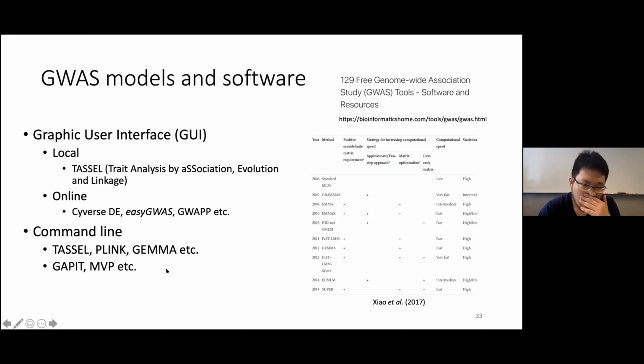Also, in the GitHub repo I uploaded, there are scripts for using TASSEL and GAPIT to conduct genome-wide association studies with the command line. You're also welcome to try that in the later hands-on section.